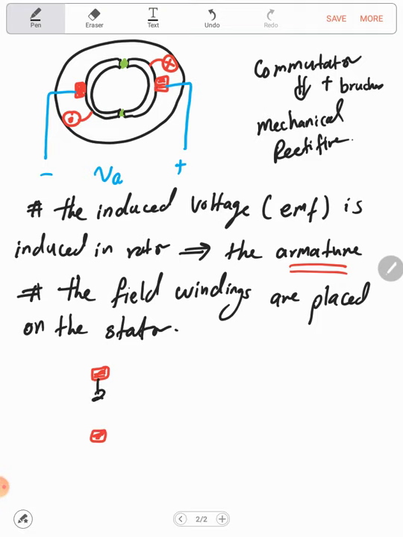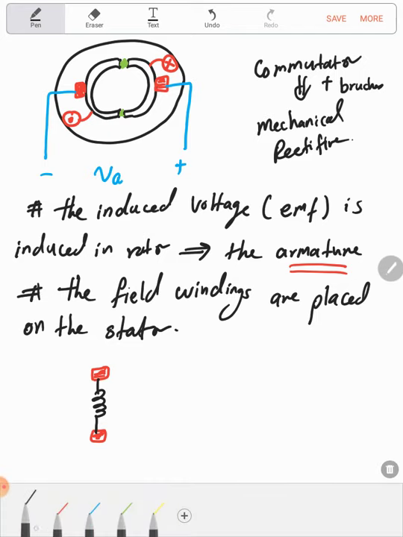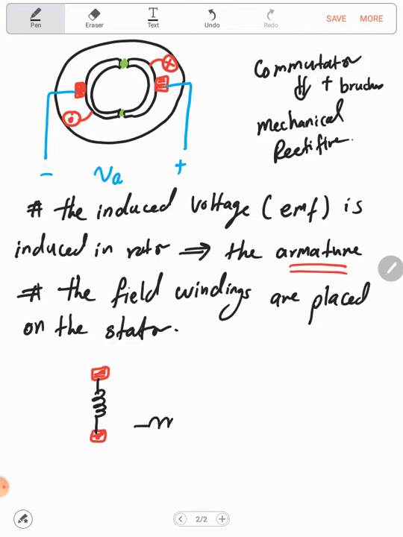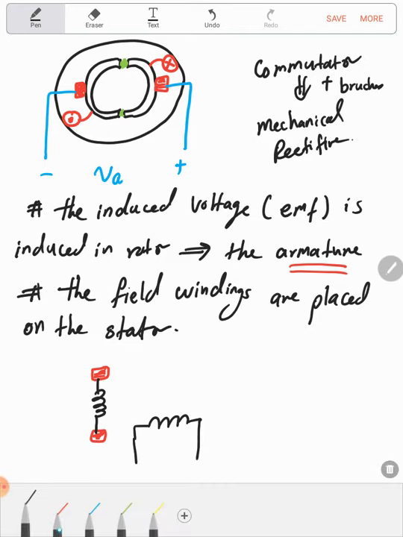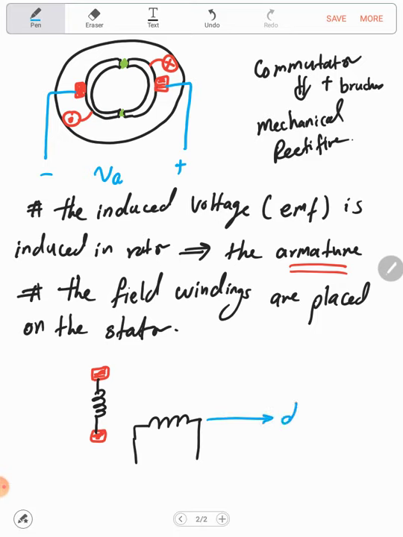This is the coil in the direction of the Q, and here we're having another coil for the field in the direction of the D. So this is the DS, and this is the QR.